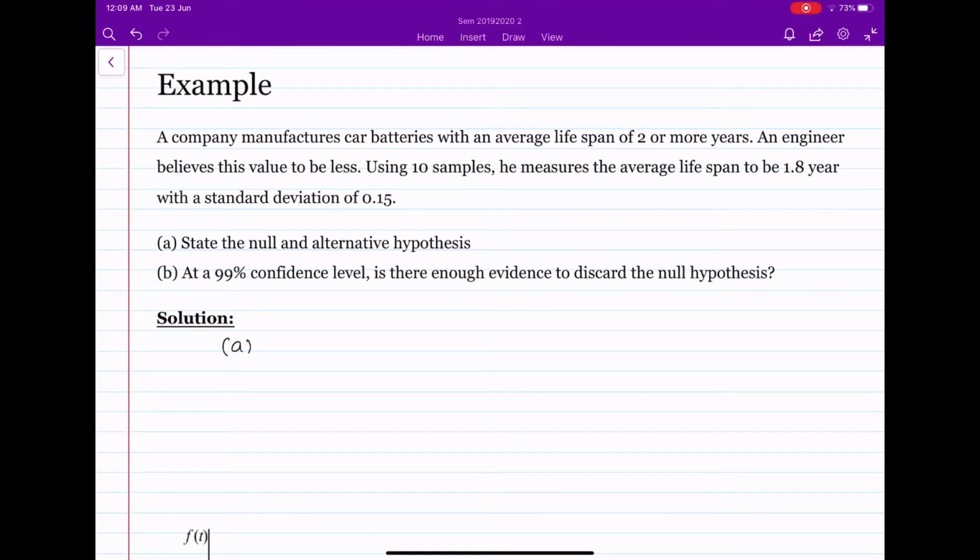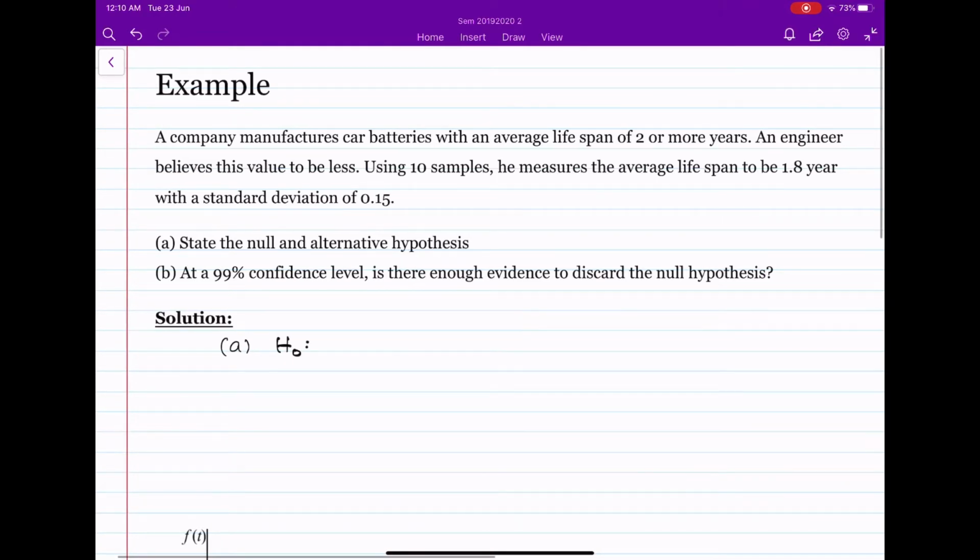The null hypothesis will be the claim from the manufacturer, which is that mu, the average lifespan, is at least 2 years or more, which can be written as mu naught greater than or equal to 2, and HA, the alternative hypothesis, can be mu less than 2. So it is a one-tailed test, means the tail is only on one side, and the rejection region is on the left side of the critical value that we will find out.